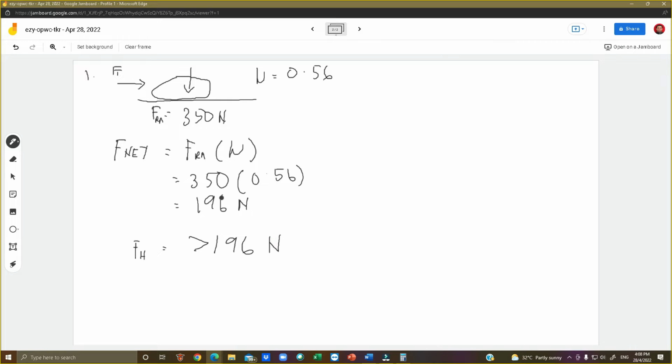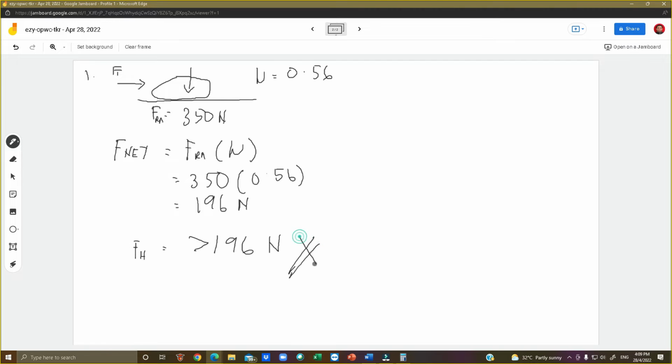Bergeraklah kasut tu because 196 adalah berat kasut tu sekarang. Okay, inclusive of friction and also force by the wearer. So kalau kita include the force and the friction, the net force of this system is 196 Newton. So to make it move, we need force more than 196 Newton.